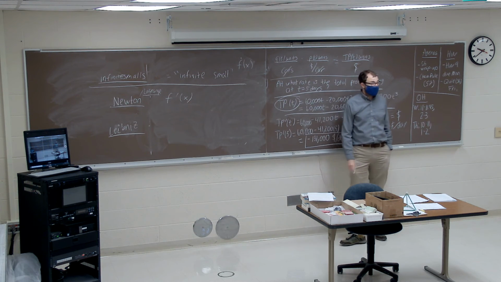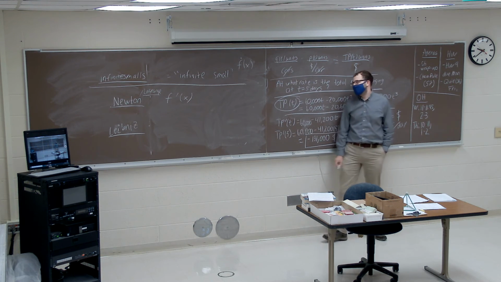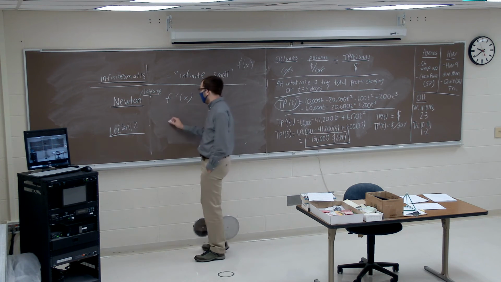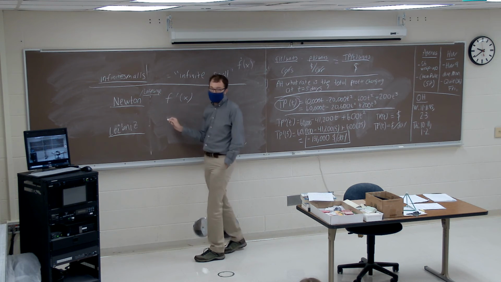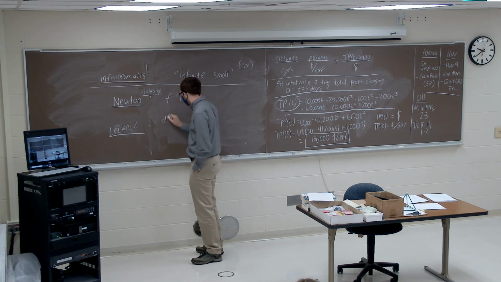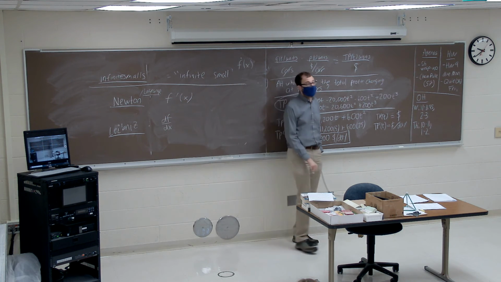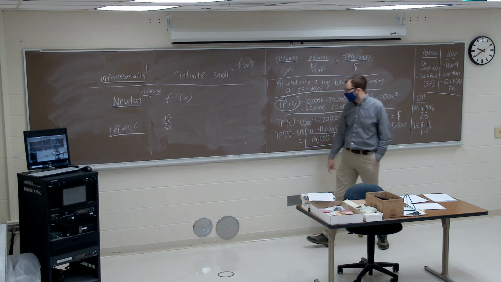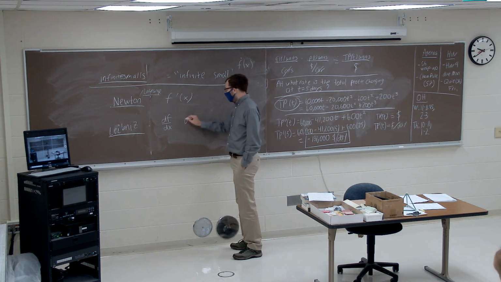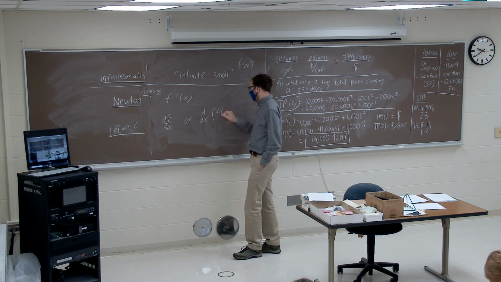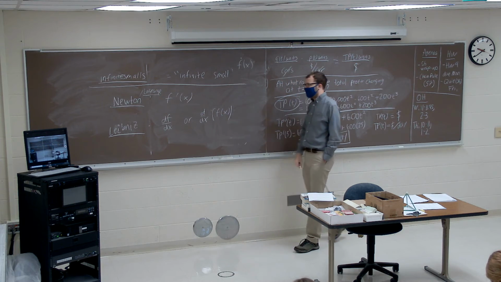Leibniz's notation, though, was a little bit different. Instead of writing out this f prime of x notation that we're used to, he had a different notation for the derivative of f with respect to x. He used the language df dx, or if you prefer, d dx of the function f of x.